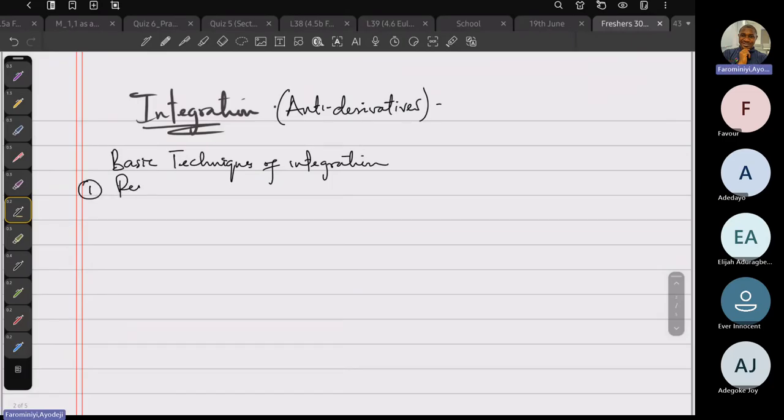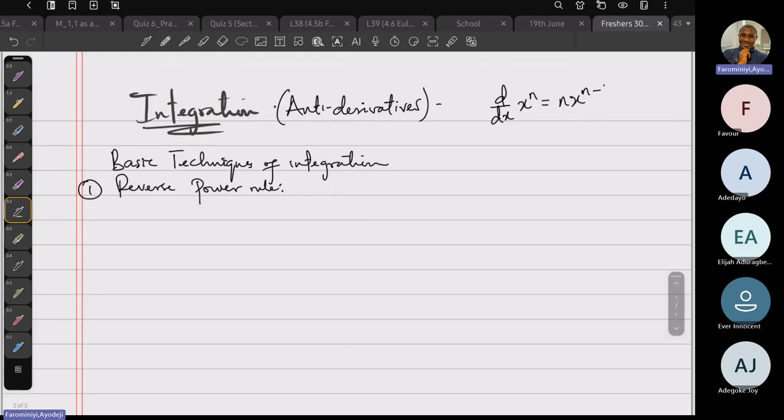One is the reverse power rule. The power rule in differentiation is, if the derivative of x to the power of n, we know that to be equal to nx raised to the power n minus 1.